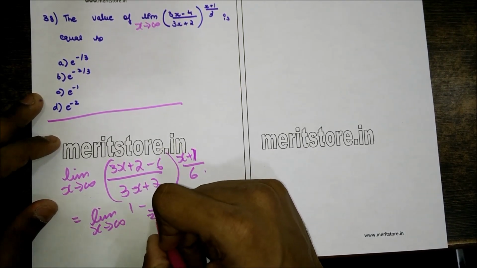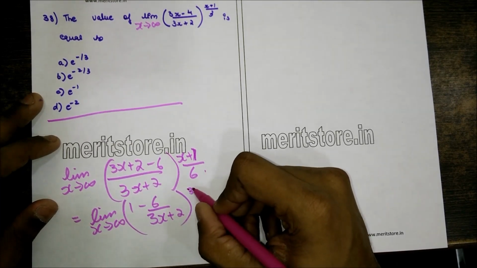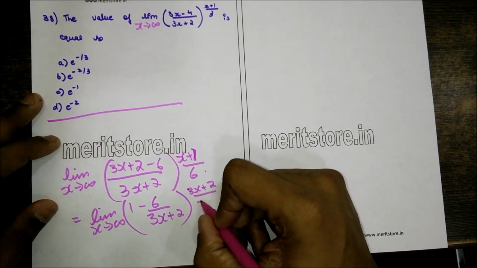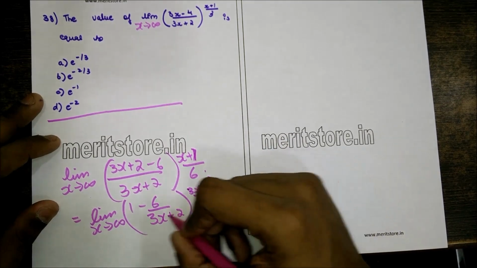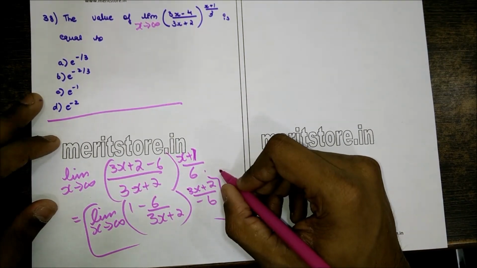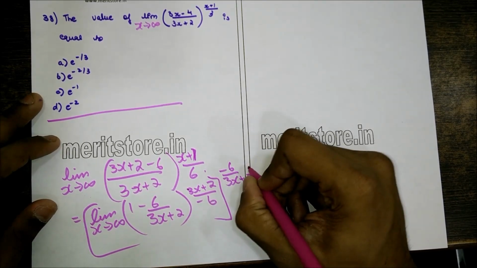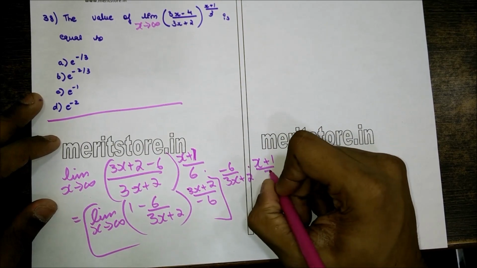limit of x tends to infinity of (1 minus 6 by 3x plus 2) raised to (3x plus 2) by minus 6. Now this is raised to minus 6 by 3x plus 2 into x plus 1 by 3.